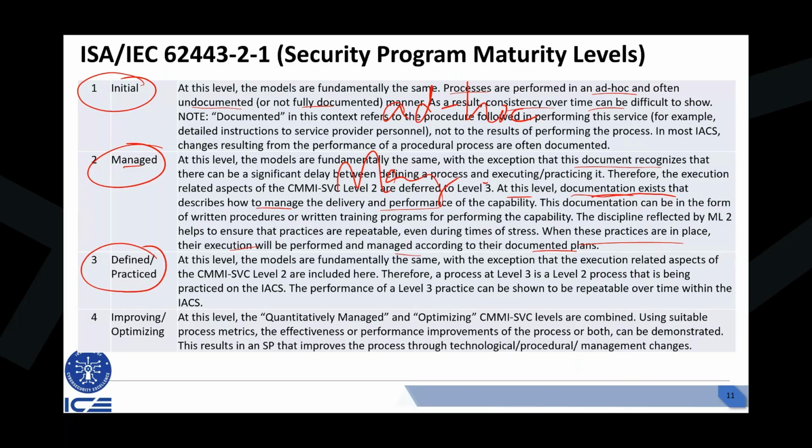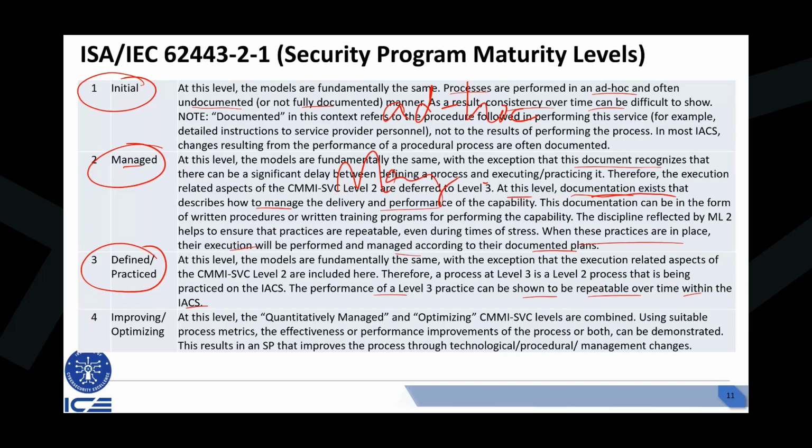In the third level, execution, performance can be shown to be repeatable over time within the industrial control systems. At the second level, the managed level, you had the documentation and people were following it in general, but it was not consistent. It was not repeatable time and time again.